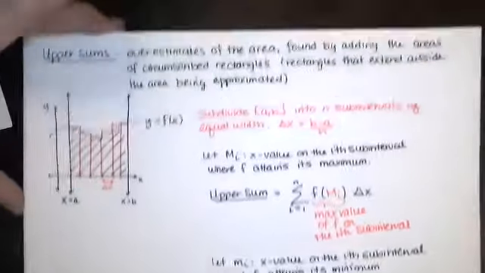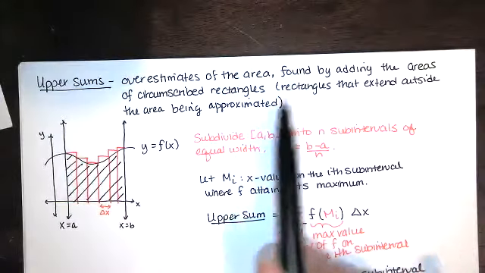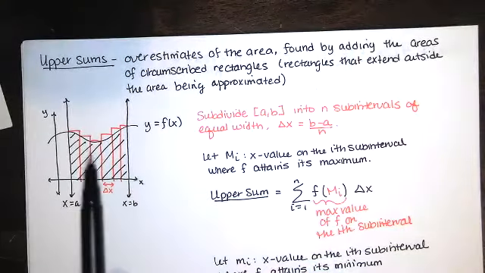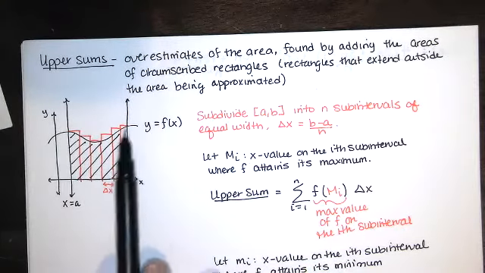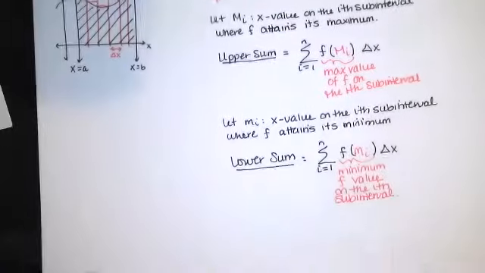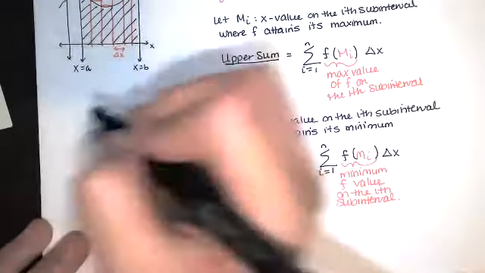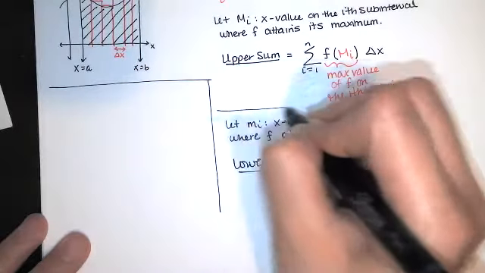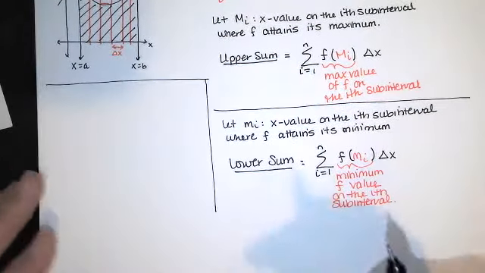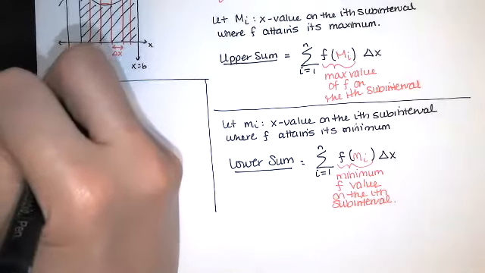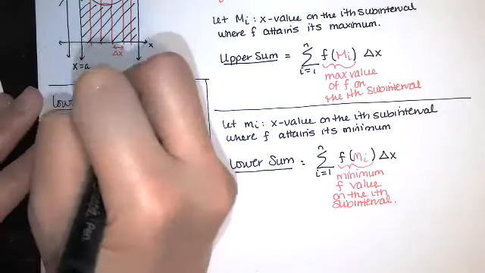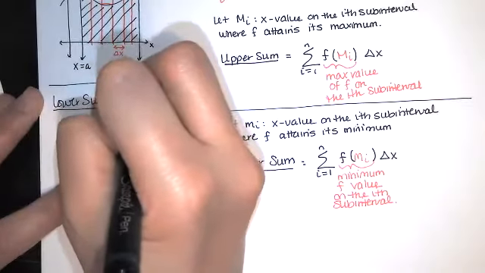Okay, so upper sums are overestimates of area found by adding the areas of circumscribed rectangles. See how their areas extend beyond that region. Lower sums are similar, just sort of the other way around. Those are going to yield underestimates of area.